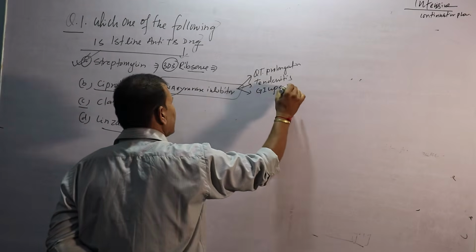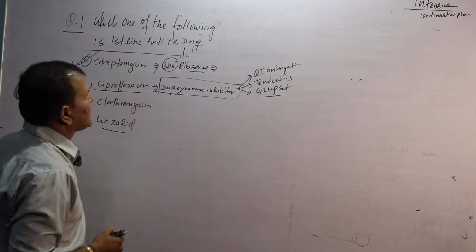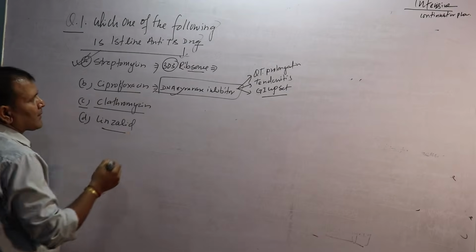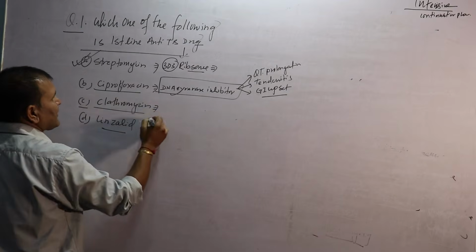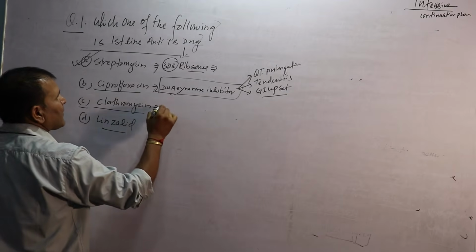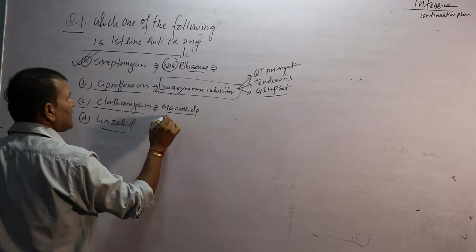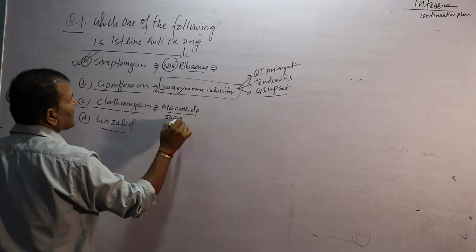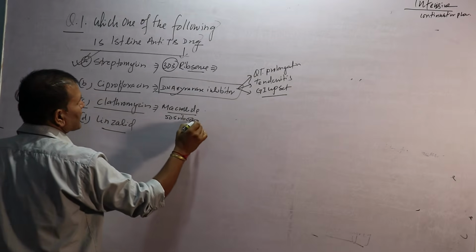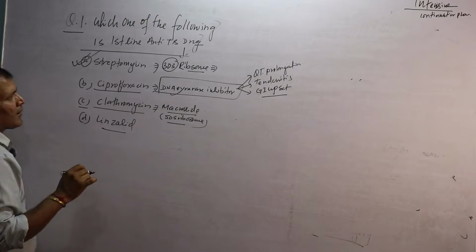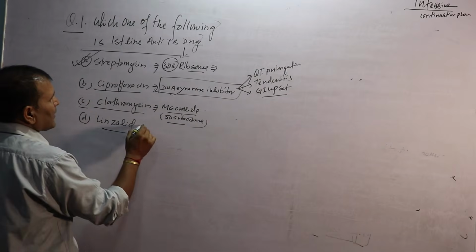It can be used as a second line anti-TB drug. Clarithromycin is a macrolide drug. It is also a protein synthesis inhibitor. It binds the 50S ribosome and is not used as an anti-TB drug.